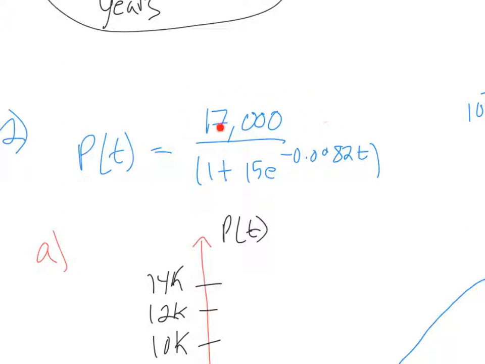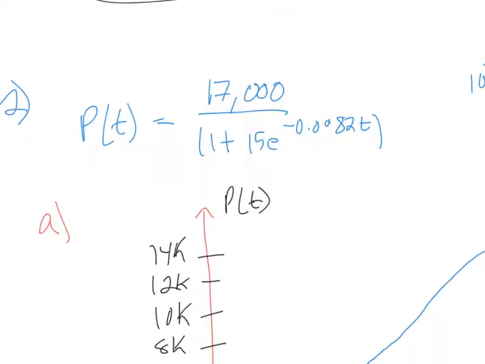Since we're dividing this numerator by a denominator that has 1 plus another number, you can imagine that this is going to get really close to 0. So eventually you're just going to be dividing 17,000 by 1. So that is your maximum.